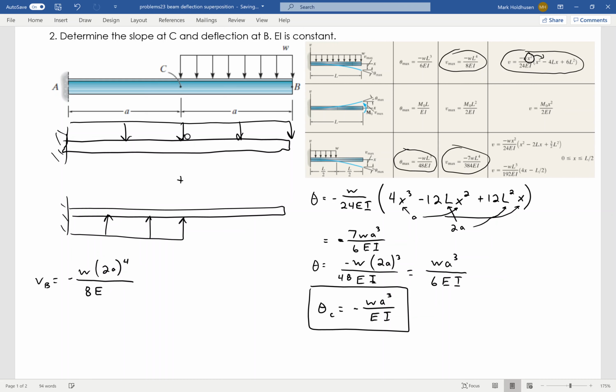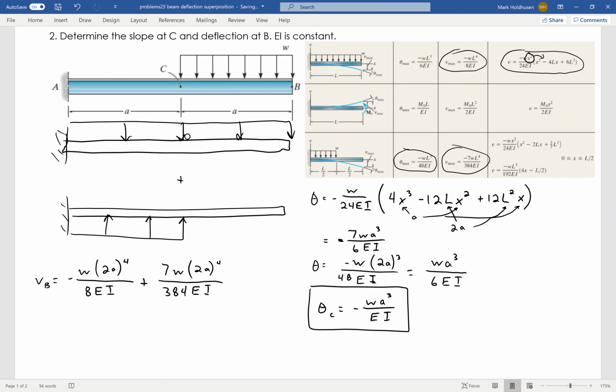Now the other one is going to cause a deflection upward, so I'm going to say plus, instead of the negative, it's going to be upward, or minus a negative, however you want to think about it, and that's going to be 7W times 2A to the fourth divided by 384EI.